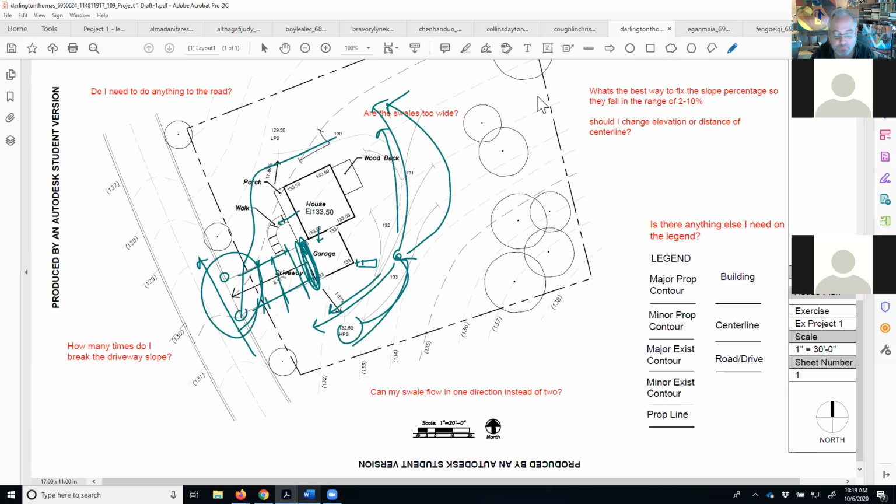Sure, they might even put a retaining wall in order to create more flat space. Again, more complicated than we want to do for this project right now. You guys haven't had any lessons on retaining walls. That comes up later in the semester. Or they could put a terrace, and you have done that if you want to. There's no need for it, but you certainly can if you wish.